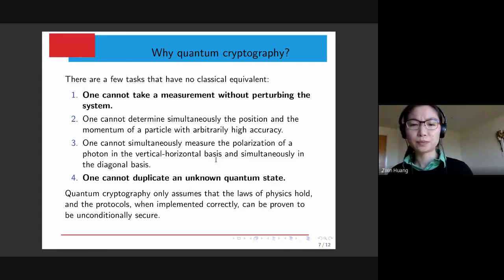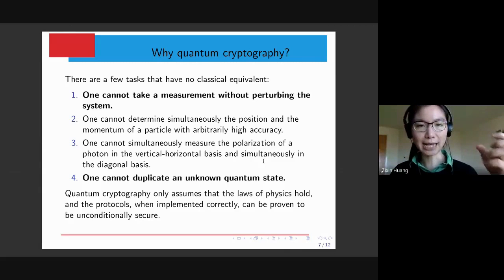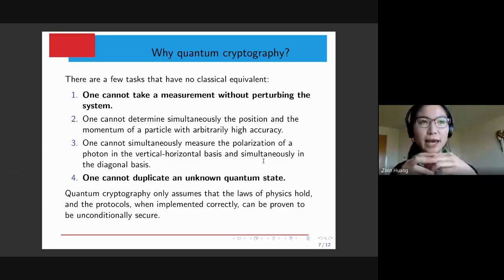If you're a mathematician who is slightly keener on the definitions, it means that if I have 2 communicating parties, Alice and Bob, and they share an n-bit key, so obviously the dimension of that system is 2 to the power of n, then an eavesdropper who is trying to hack into the system cannot guess their key correctly with probability higher than 1 over 2 to the n.